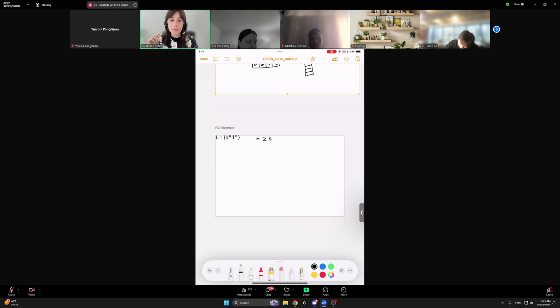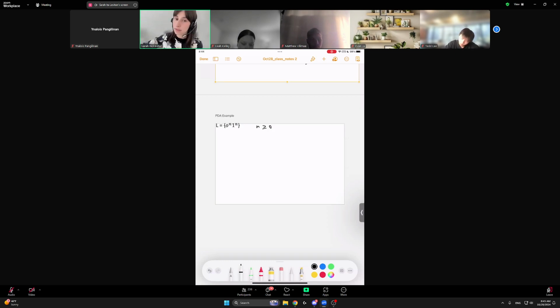So we're going to read each input symbol, one at a time. And good, as a lot of you said, if we see a 0, we'll push it onto the stack.